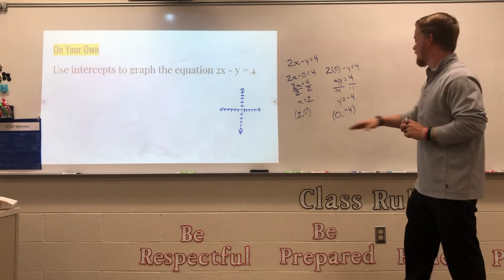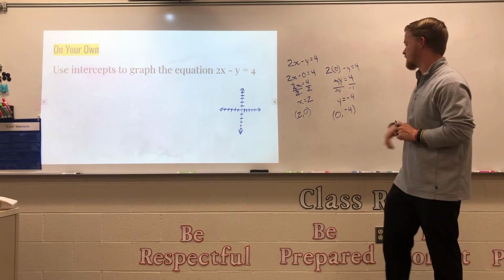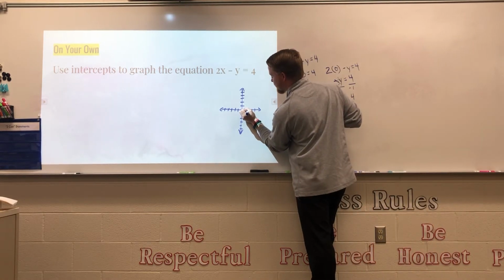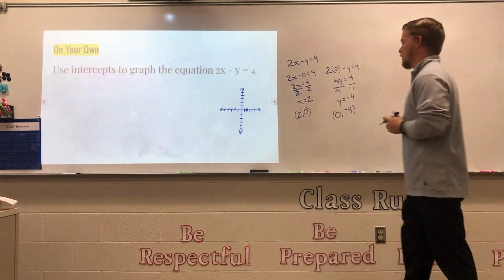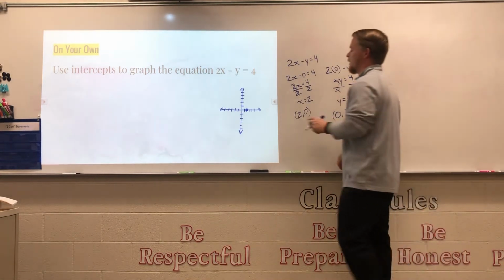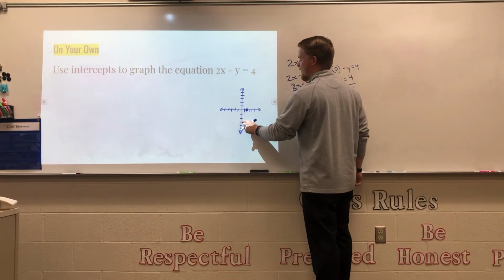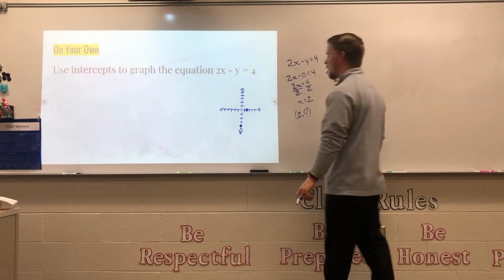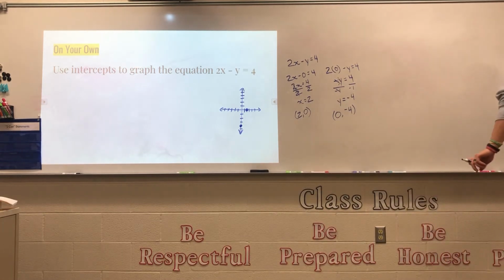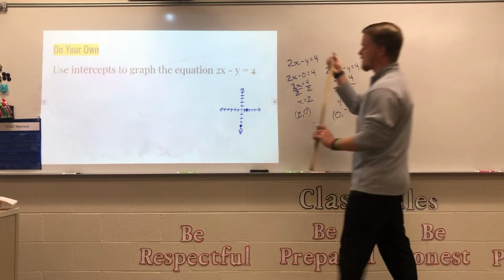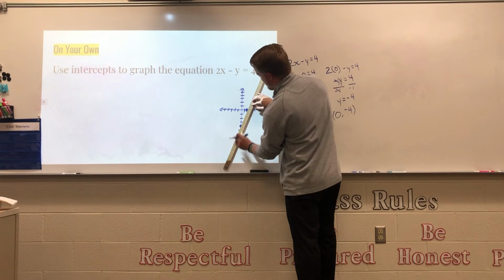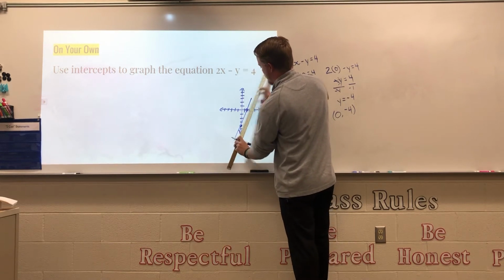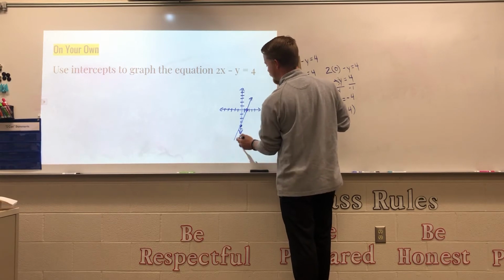Okay, so then we just have to graph each of these points. For (2, 0), when I plot it, I go over 2 on the x-axis. It would be right there. And then (0, negative 4), I can stay put on the x, go down 4 on the y, and that is my y-intercept. So now, we just draw a straight edge through both of those, and this will give us the graph for this equation in standard form.